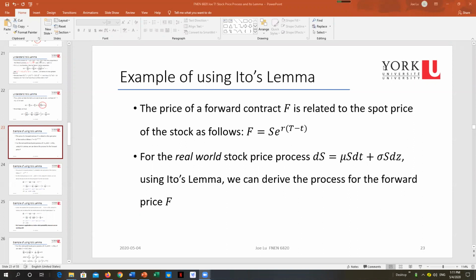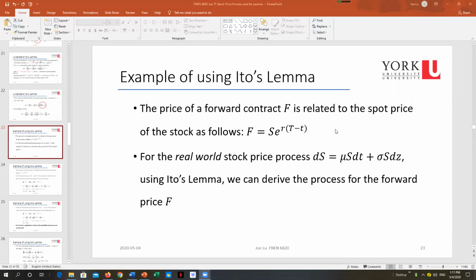So if you have a forward contract F, in many textbooks, you will see that the value of F is related to the spot price S of the stock in this particular form here.